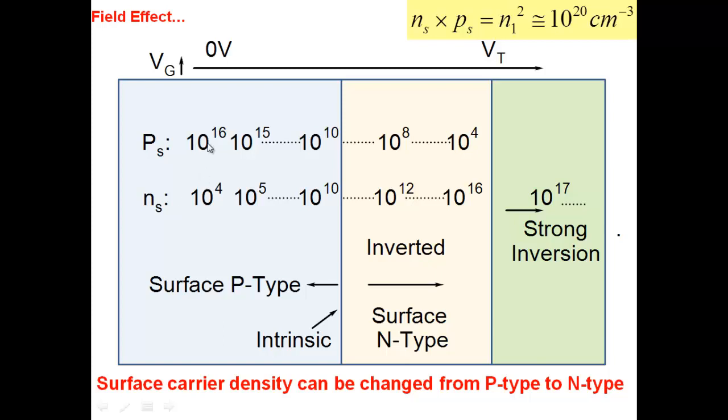You can start with a p-type surface and then apply a gate voltage, and you can make the surface intrinsic, n is equal to p, and you can make the surface n-type, where the number of electrons is more than the number of holes. And not only that, you can make the surface strongly n-type, or you can create a strong inversion layer, a layer of electrons at the surface here.